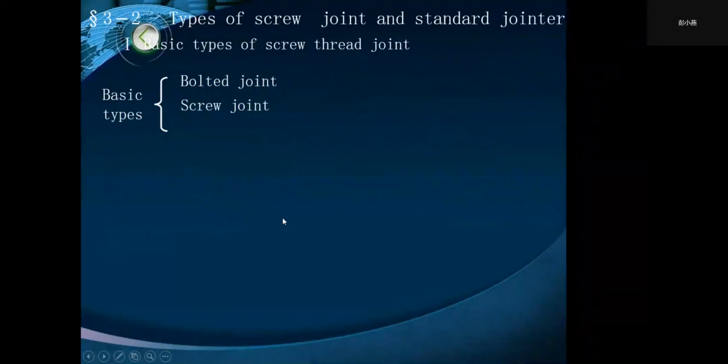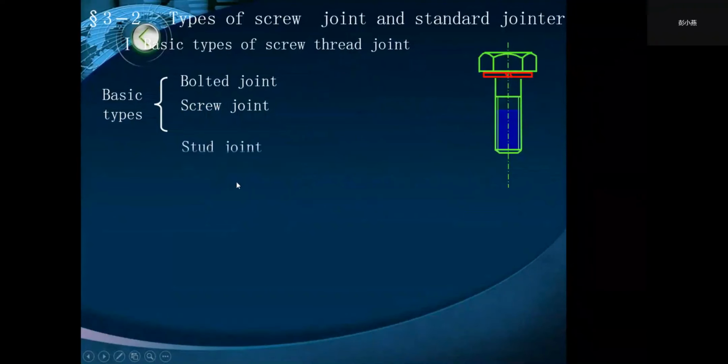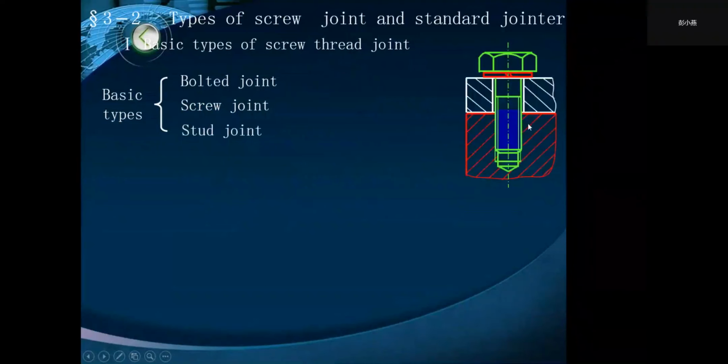And the second type of joint is the screw joint. It applies when one of the jointed members is too thick to drill a hole, or the space is too small to mount a nut.